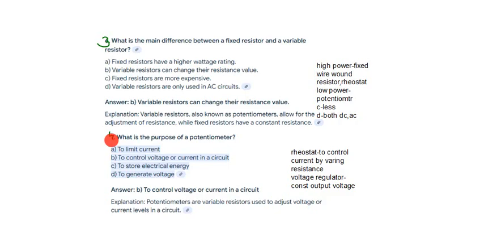Question number 4. What is the purpose of a potentiometer? Option A, to limit current. To limit current, a resistor is used. To control voltage or current in a circuit, a potentiometer is used. A rheostat is used to control current.